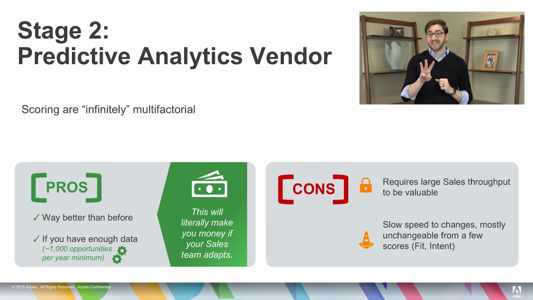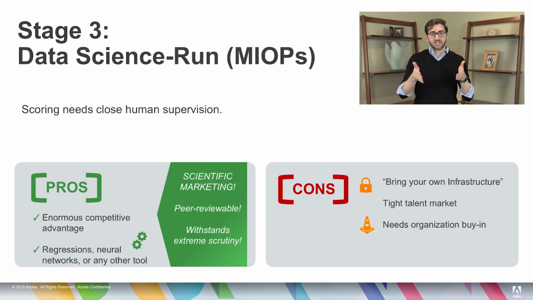But the third stage is really, in my mind, the most interesting and the greatest area of opportunity in terms of competitive advantage and in terms of getting marketing to be more science-driven. And that is when you have a data science team or person who actually owns and drives these scores. And this is ginormously valuable.